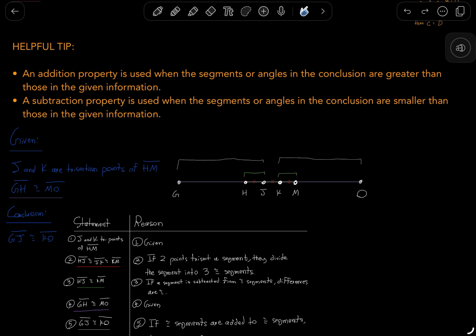Anytime you're trying to prove something that has a greater measure or length compared to what's given, you use the addition property, because you're adding two things together, increasing a specific measure or length. Subtraction property, of course, is used when it's smaller, when the things in the conclusion are smaller than the things in the given. Because you're trying to go from bigger values to smaller values, you use subtraction, because you're trying to decrease the measure or length.